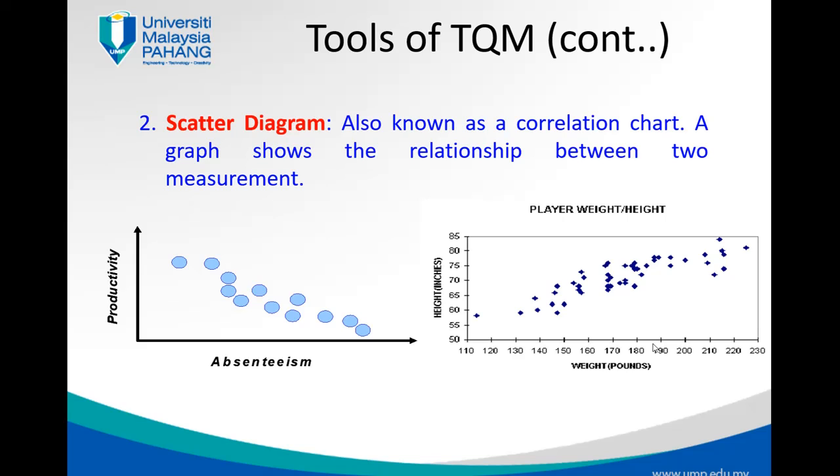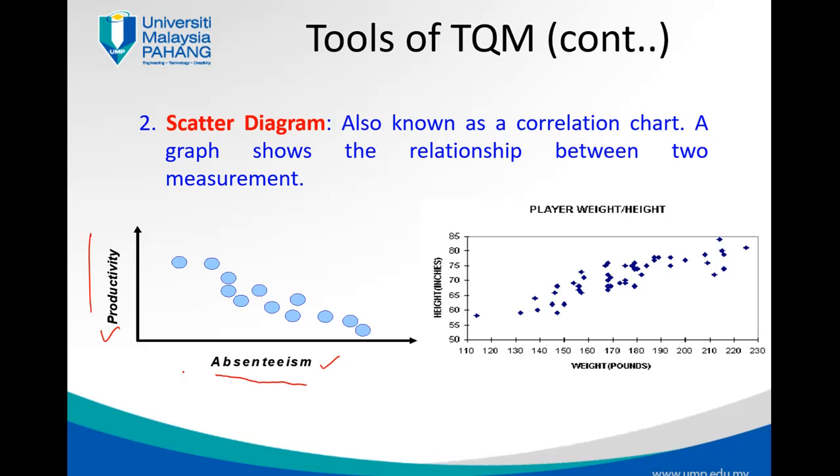So normally we will look at the dependent and independent variable. So this is the independent variable, absenteeism, and productivity is the dependent variable, and we want to look at whether there is a correlation between absenteeism and productivity.